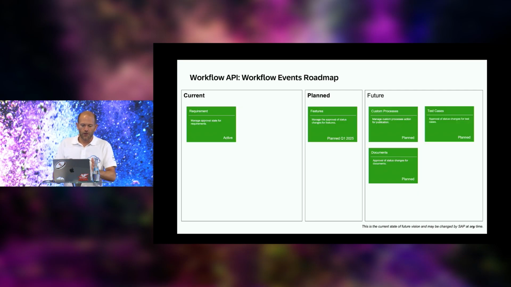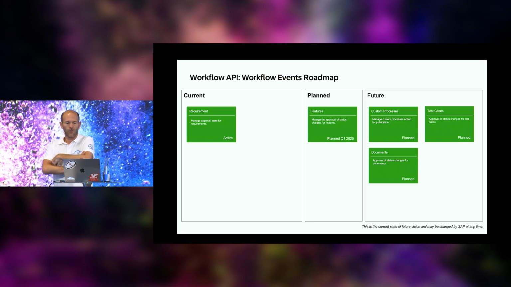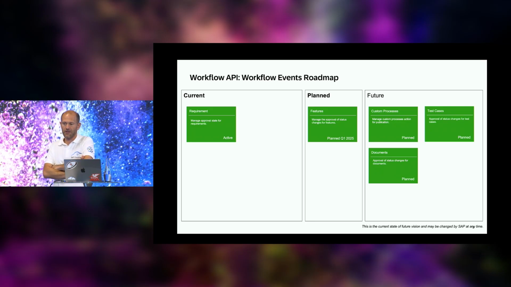Right now, only a workflow API is available for requirements. Very soon, in the next quarter, we plan the features for the first quarter of 2025. And in the coming year, in 2025, we will also release the workflow event for custom processes, test cases, and documents.